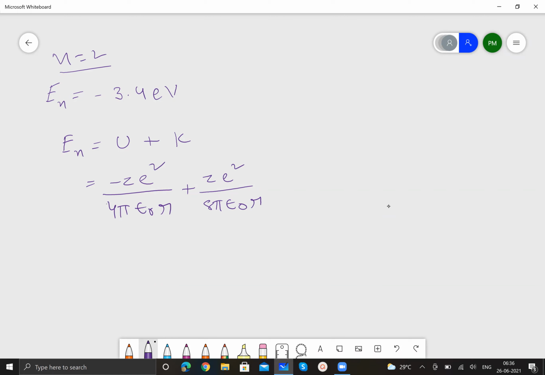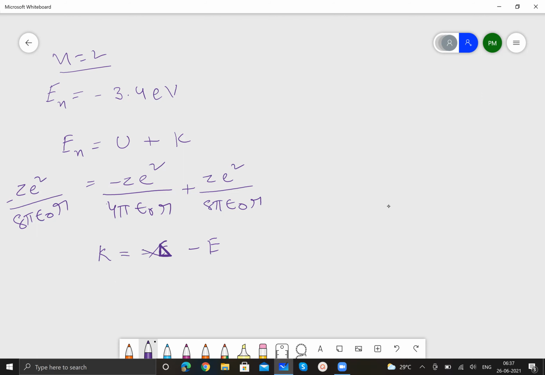And the total energy will be how much? Minus ZE square by 8 pi epsilon 0 R. So what can you write? K is equal to minus E. Am I right? Only logic, no complication.